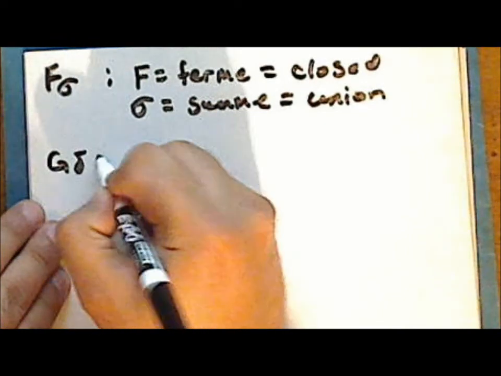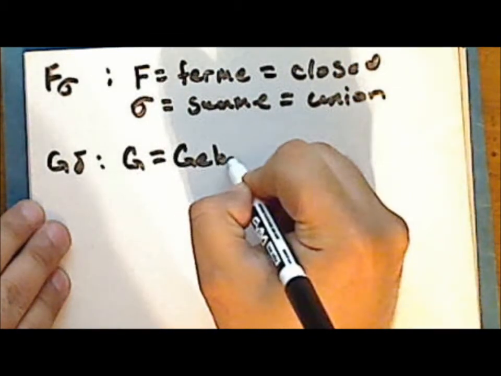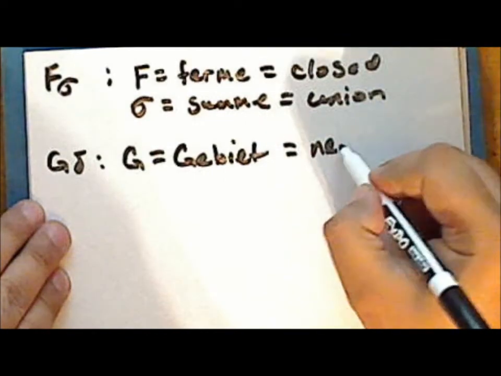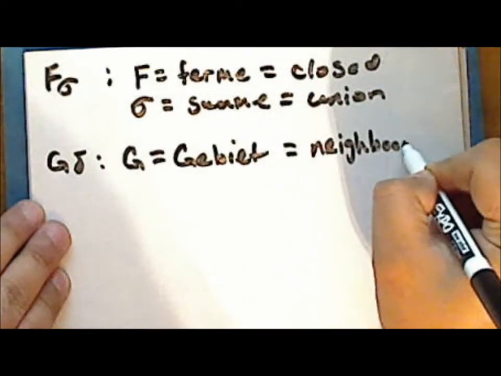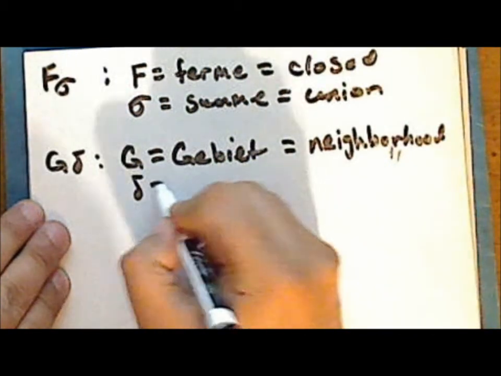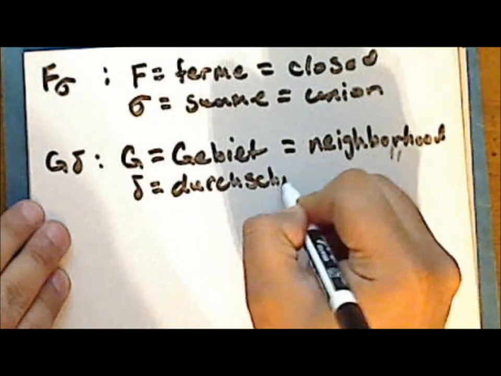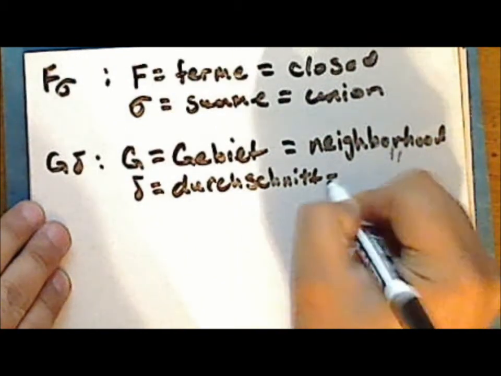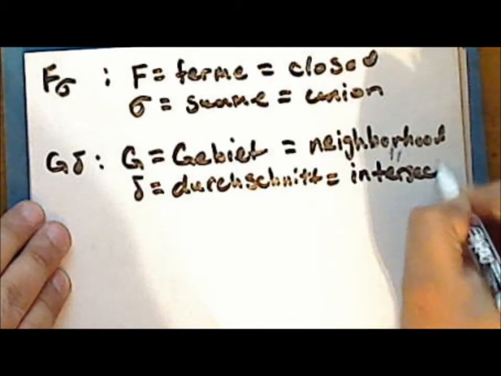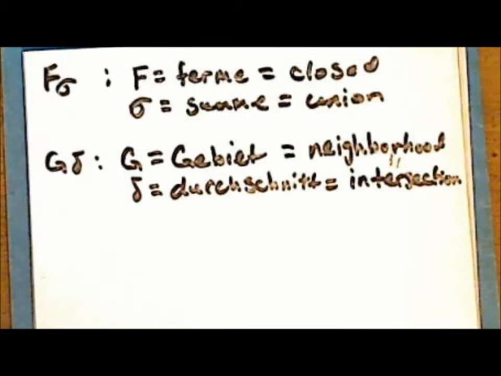The G delta sets, the G stands for Gebiet, which roughly translates to neighborhood, and the delta stands for Durchschnitt, which translates to intersection. Okay, both of these were named by Hausdorff.